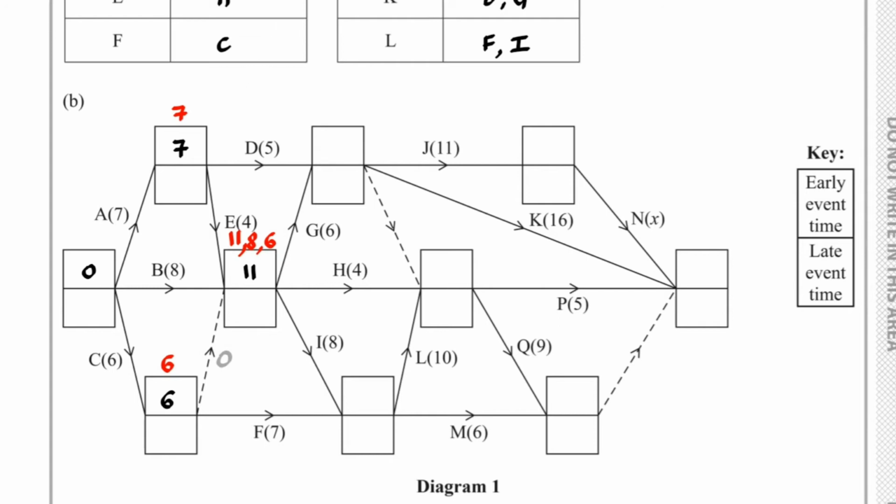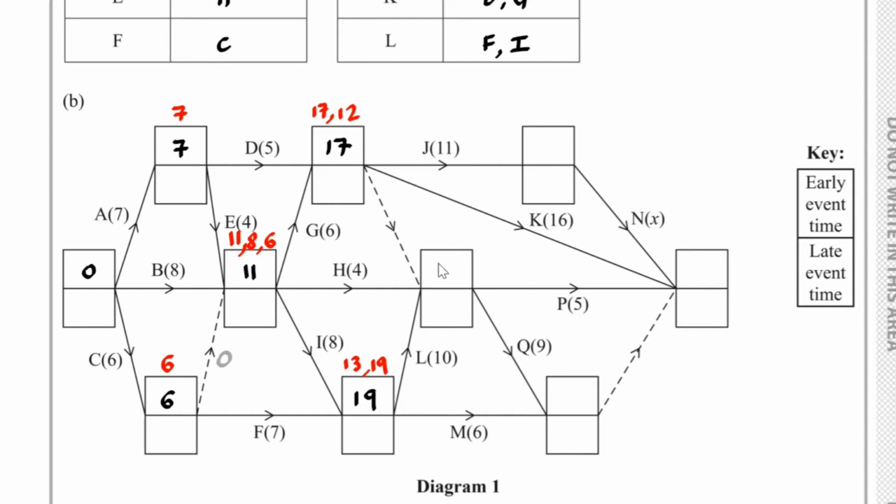Next, going into here, we have 11 plus 6, which is 17, or 7 plus 5, which is 12. The larger one is 17. 17 goes here. Going into here, we have 6 plus 7, which is 13, or we have 11 plus 8, which is 19. So 19 goes here.